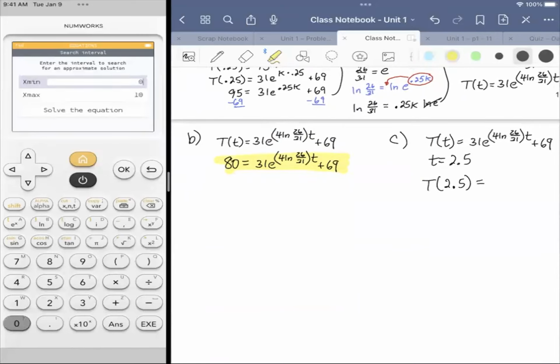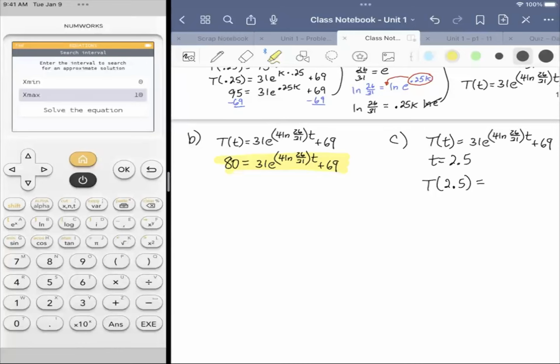So I'm going to make this 0. And honestly, I don't know how long it would take for the soup to cool down to 69 degrees, but just using common sense: you make a hot cup of coffee in the morning and put it out on the counter, if you take a sip after 30 seconds, you're probably going to burn yourself. But if you wait 5 minutes, it's going to be a little bit more tolerable.